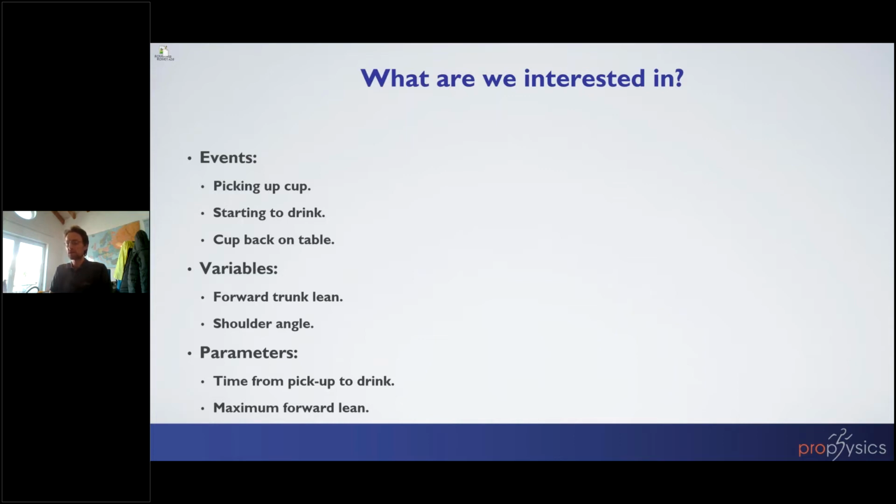And the parameters that you can then derive from this would be things like the time it takes you from the pickup until you actually drink. So from here to here, and the maximum forward lean that the participant uses in order to reach the cup, whether the participant sits steady and brings the cup forward to the mouth, or whether the participant chooses to lean forward in order to get the mouth closer to the cup, that kind of thing.